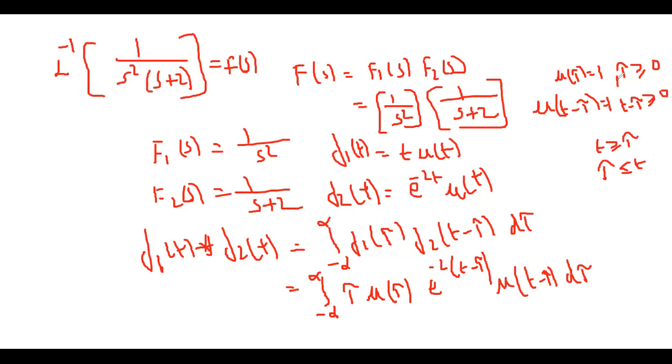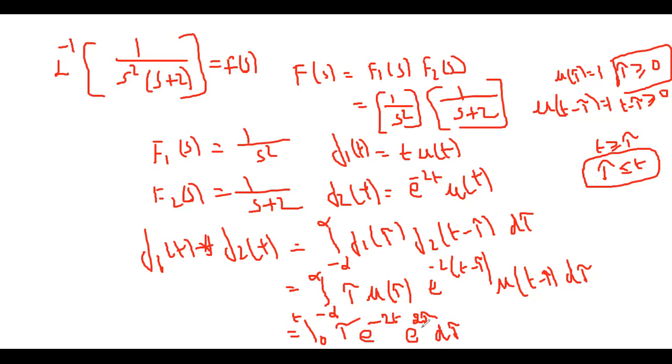So using these two conditions, tau lies between 0 and t. So I am changing the limits to 0 to t, and the integrand becomes tau, e power minus 2t and e power plus 2 tau, d tau.